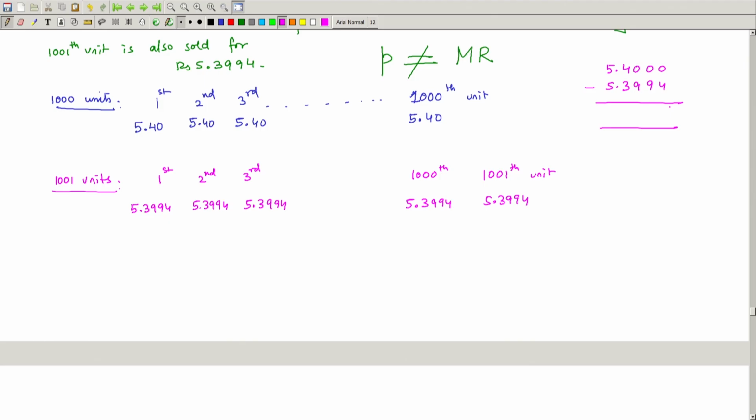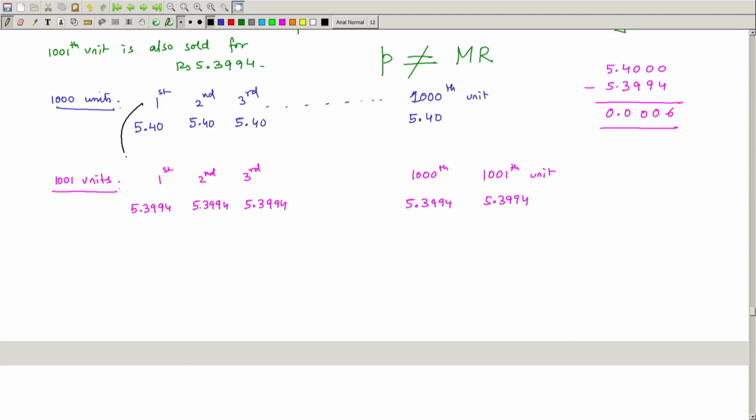So, I had to reduce the price by 0.0006 rupees per unit. Every unit previously, from the first till the 1000th unit, that I was selling earlier at 5.4, now I have to sell at 5.3994. So, the price reduces by 0.0006 rupees per unit.